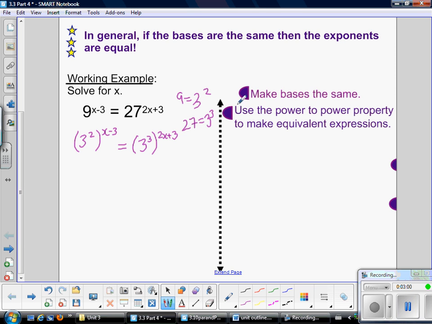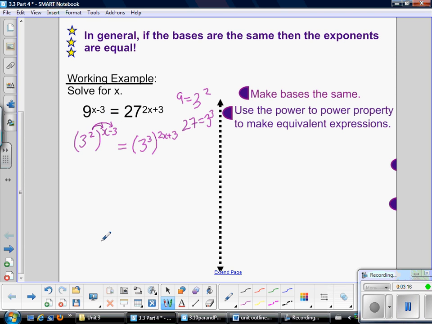Power to power means I multiply. So I have to multiply the 2 by the x and by the negative 3.